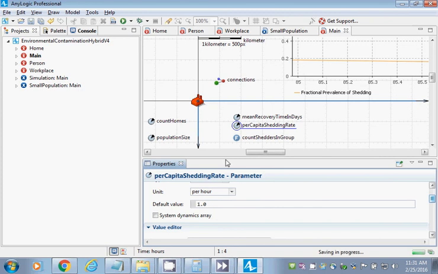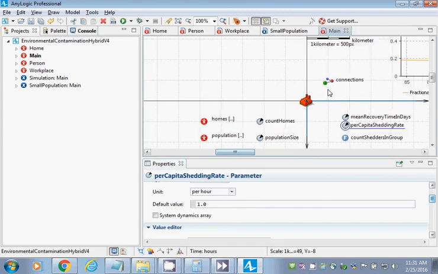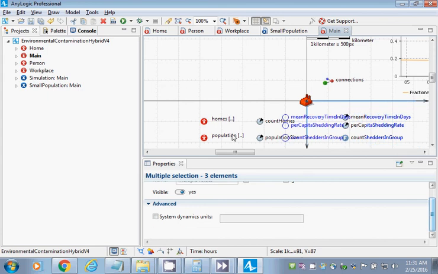Okay, so ladies and gentlemen, per capita shedding rate is 1.0 per hour.